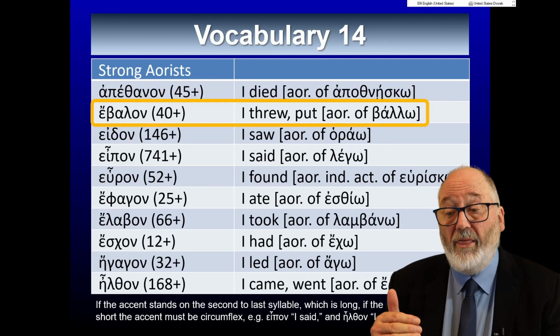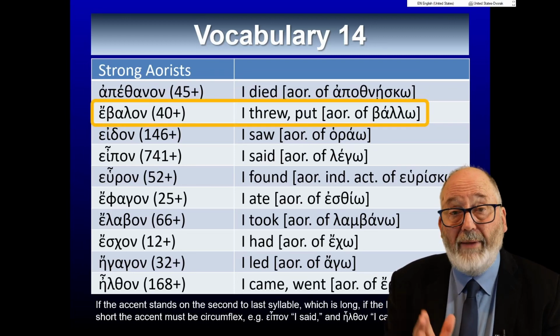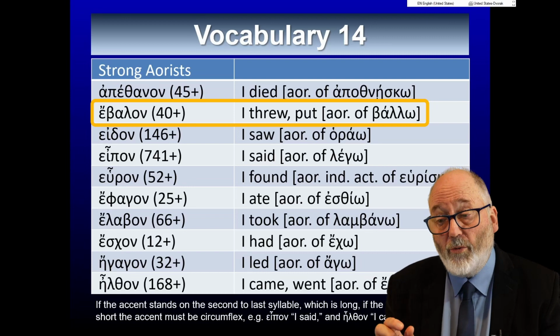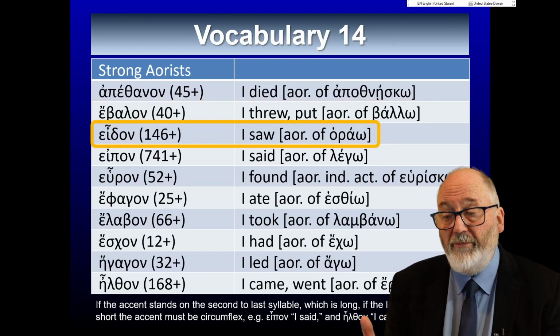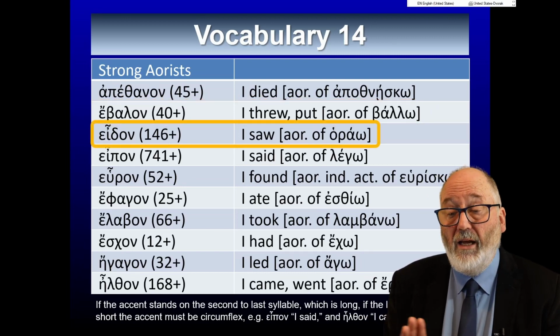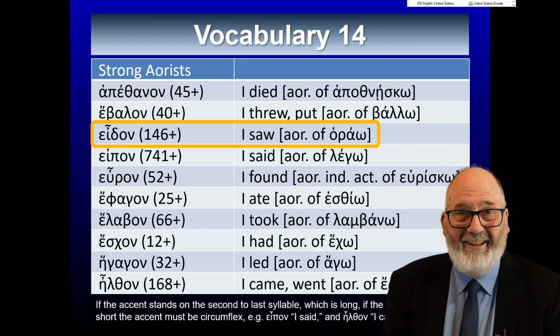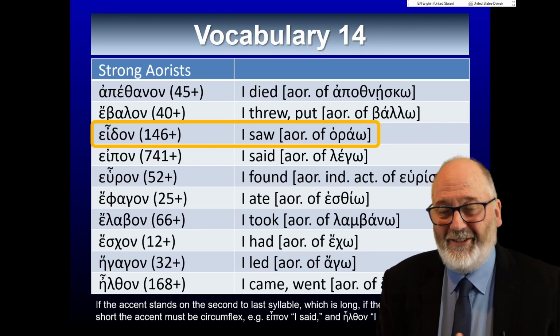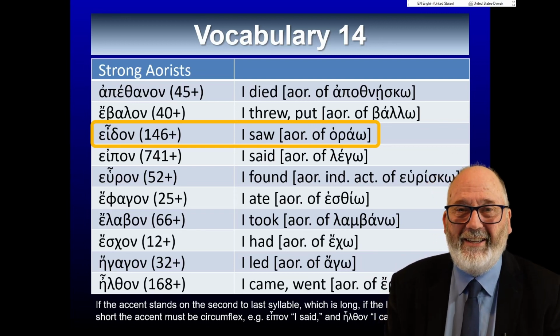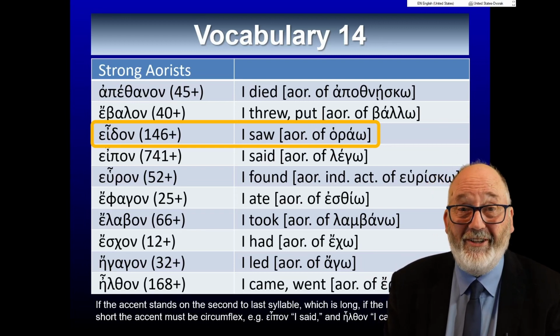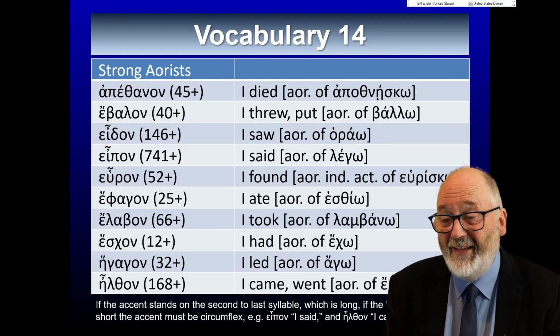Ballo means I throw. Eballon means I threw. Horao means I see. Eidon means I saw. Hey, that's irregular in English as well, so we can't blame it for being irregular in Greek because these are words that are used quite often, aren't they?